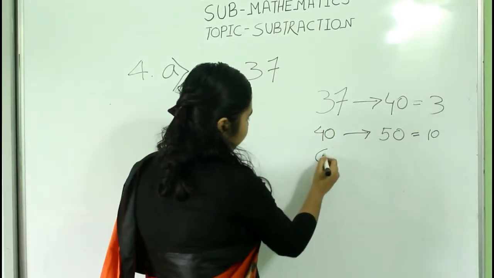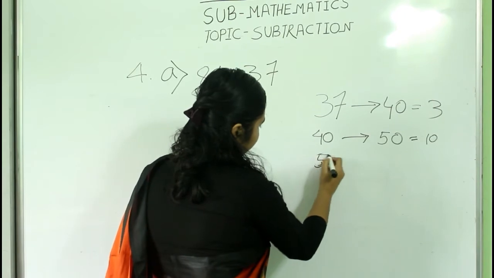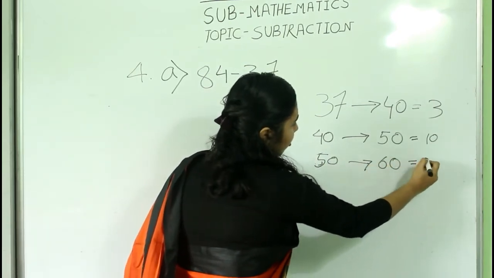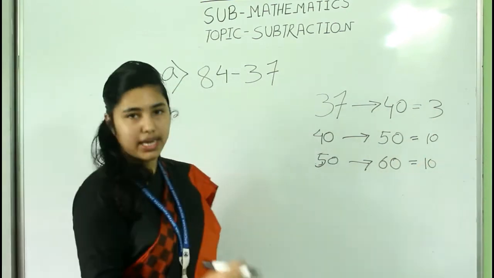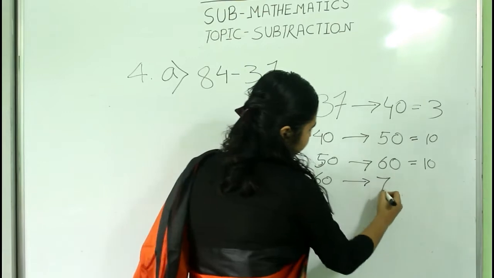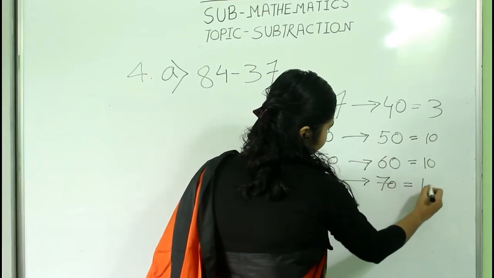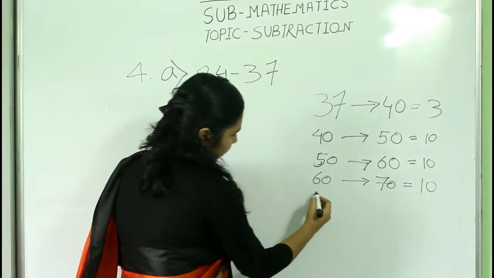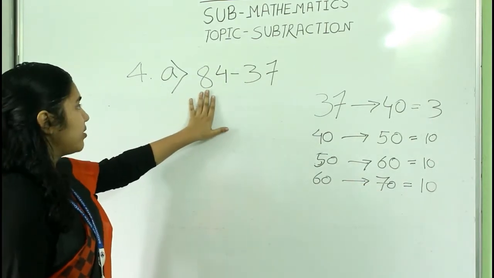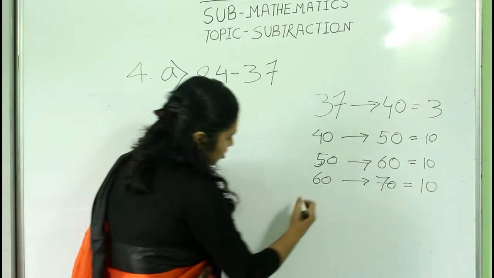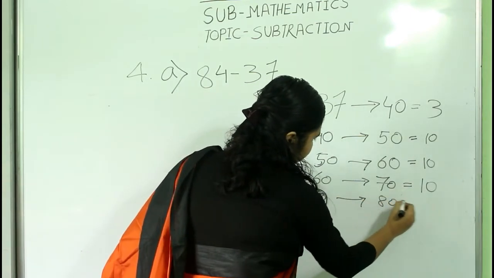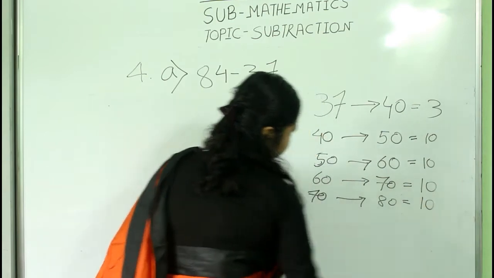Next after 50, next tens digit is 60 and also the difference is 10. After 60, we will get 70 and the difference is the same, 10. Now, we need 84. So, after 70, take 80 and the difference is 10.